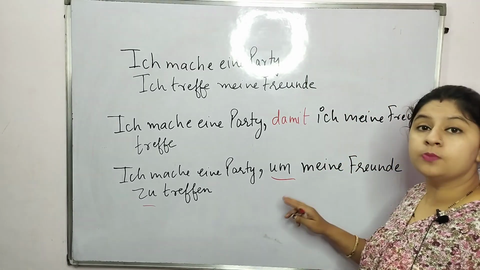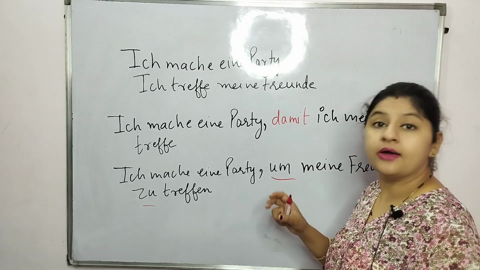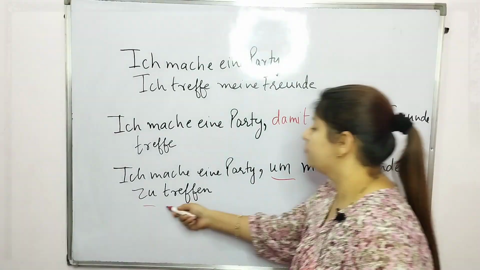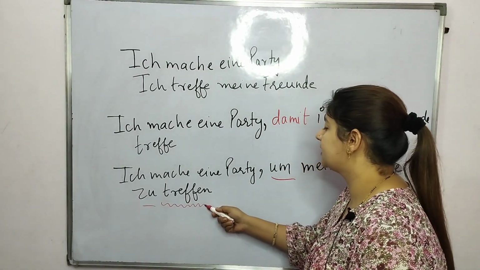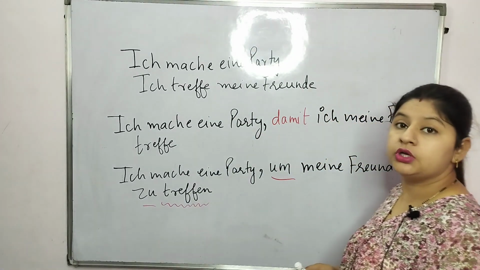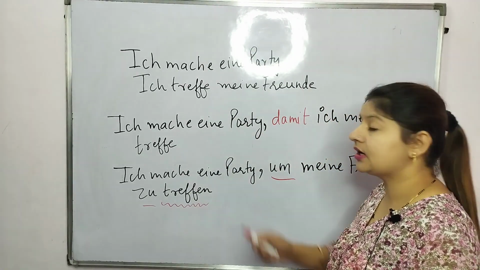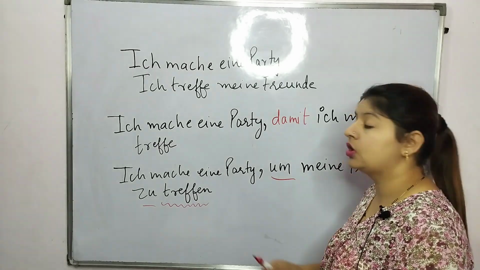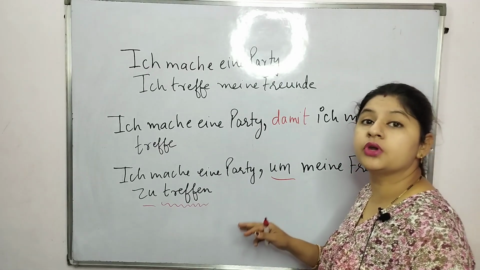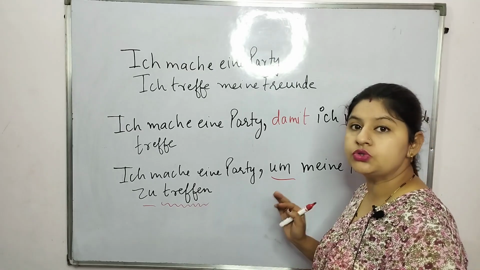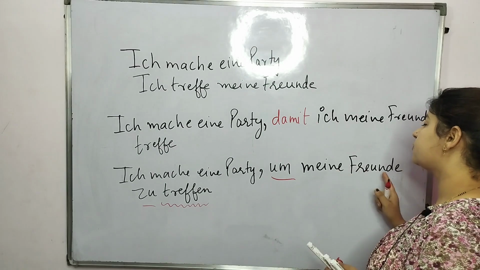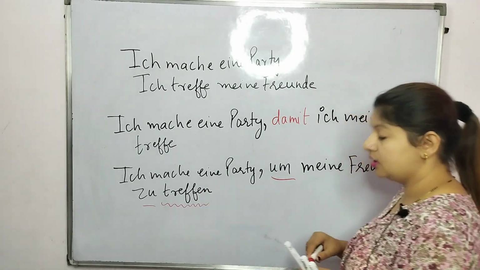In um zu sentences, you have to take care that when we put the verb at the end, we don't need to conjugate our verb. It should be in infinitive form without conjugation. Ich mache eine Party, meine Freunde zu treffen.